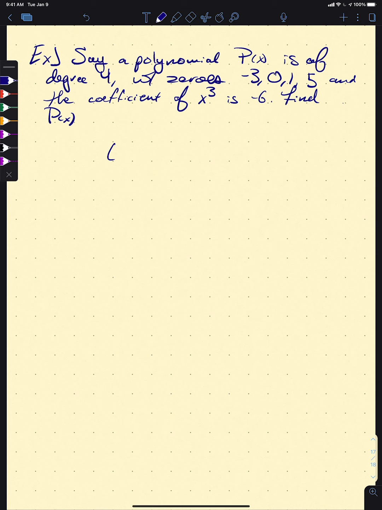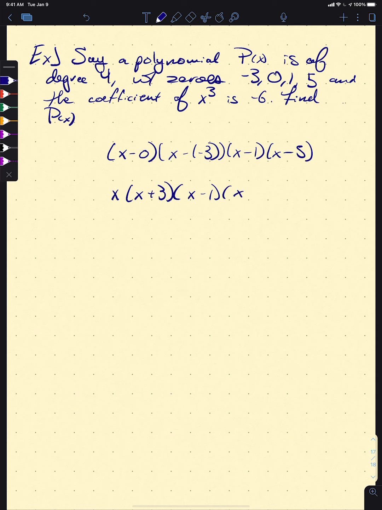So that means the factors of the polynomial are going to be x minus 0, x minus -3, x minus 1, and x minus 5, okay? And now we want to start to simplify this, right? This turns into x times x plus 3 times x minus 1 times x minus 5, okay?